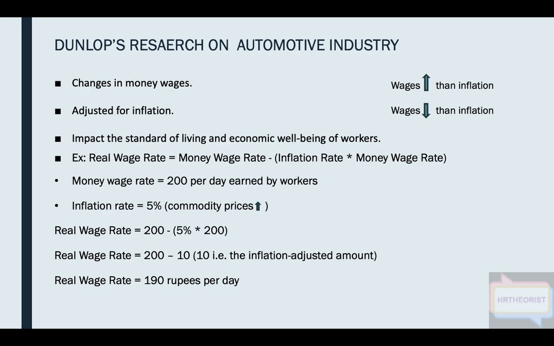In this case, the inflation adjusted amount is calculated by multiplying the inflation rate, that is 5%, by the money wage rate, that is 200. Therefore, the real wage rate in this scenario is 190 rupees per day. This means that after accounting for the impact of inflation, the purchasing power of workers has decreased. So they can buy fewer commodities with their wages compared to the previous period.